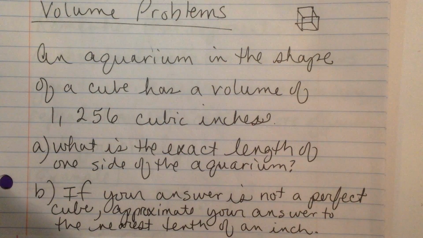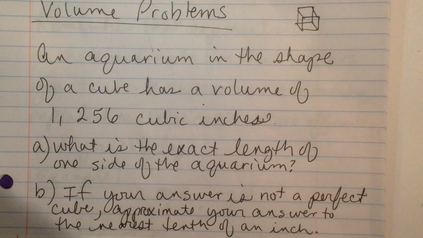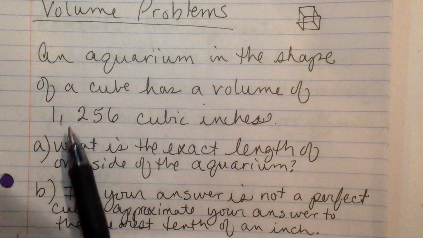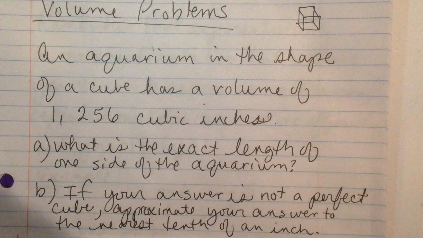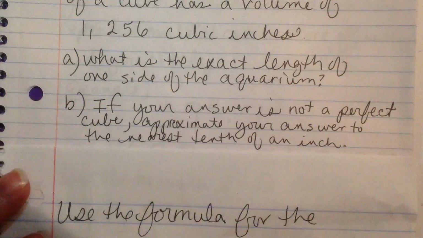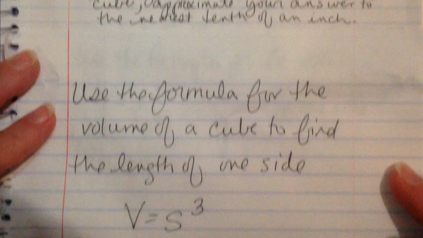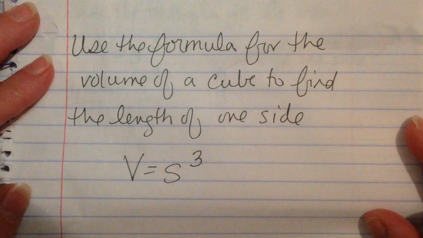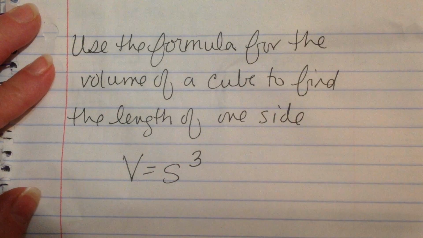So, what is the exact length of one side of the aquarium if the aquarium is a cube and it has a volume of 1,256 cubic inches? Well, the first thing that we're going to do is use the formula for the volume of a cube to find the length of one side.